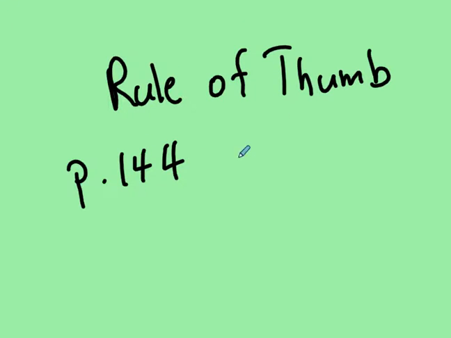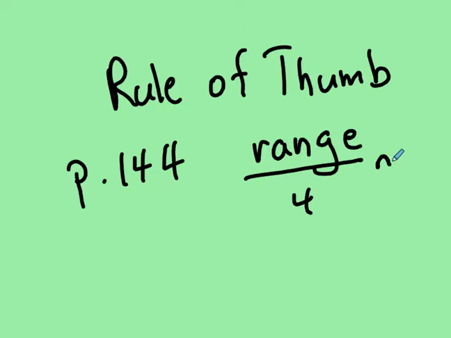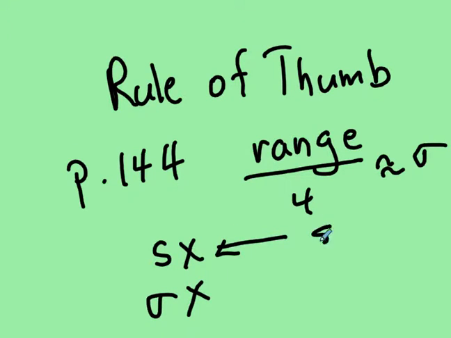The rule of thumb just says if you take the range and divide it by 4, that approximates the standard deviation. Also remember that when you're using your calculator, you've got 2 standard deviations there. You've got S of X, and you've also got sigma X. This has to do with the sample.